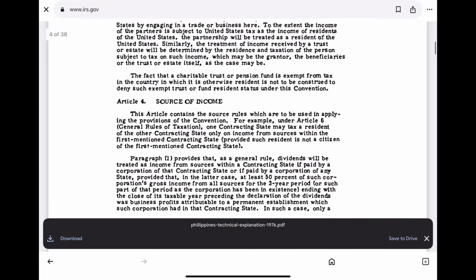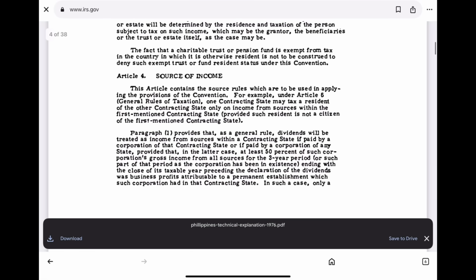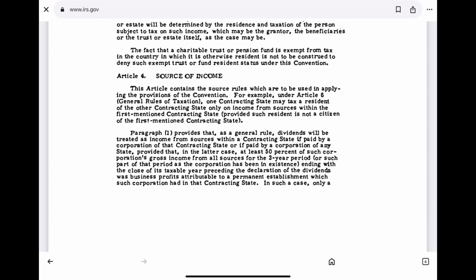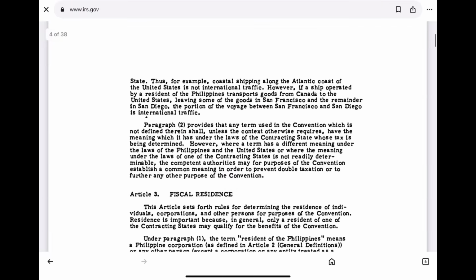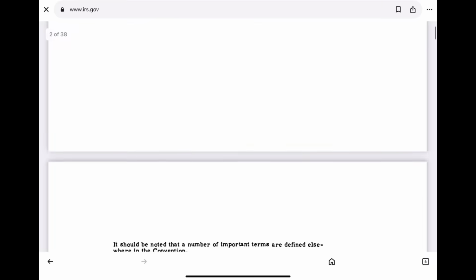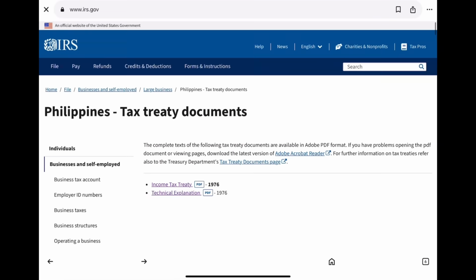For example, if you own a business and you have a business profit, and also dividends, interest, pensions, and capital gains. So if you have income from both countries, and if you own businesses in both countries or in one country as well, you must understand the significance or the key aspects of the tax treaty.